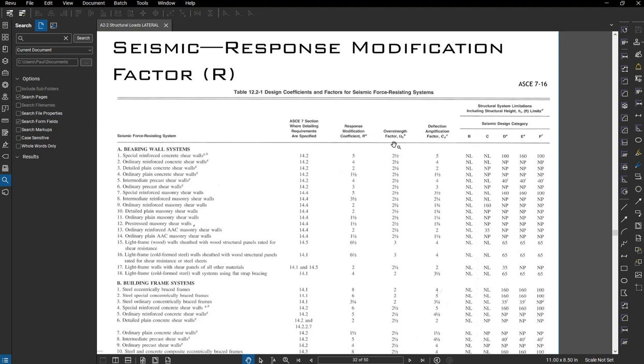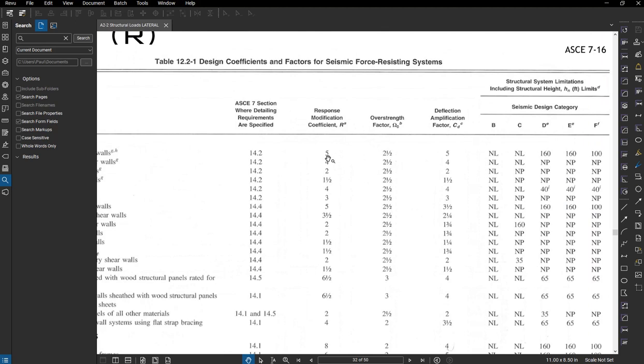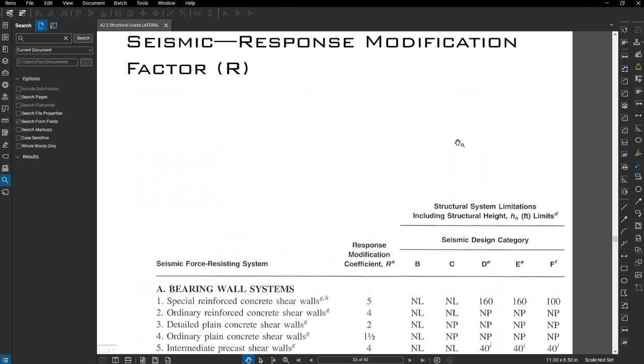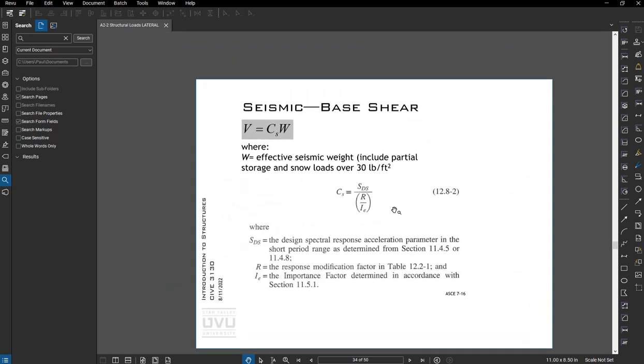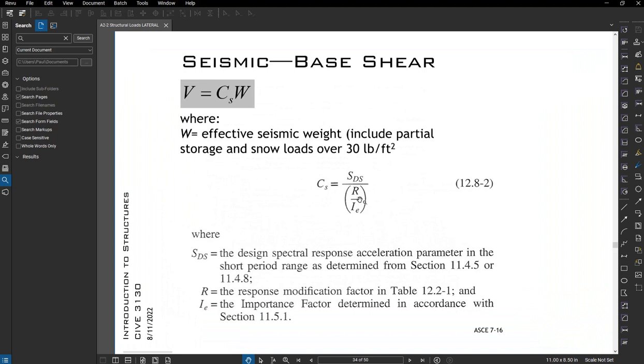Some of the other factors are the R factor, which is fundamental to calculating the seismic force, the overstrength factor, and then the amplification factor for deflection. Just zooming in on that table, if R is 5, when we come to calculating the base shear, we're actually going to divide SDS by that, which then multiplies by the weight to get the base shear.